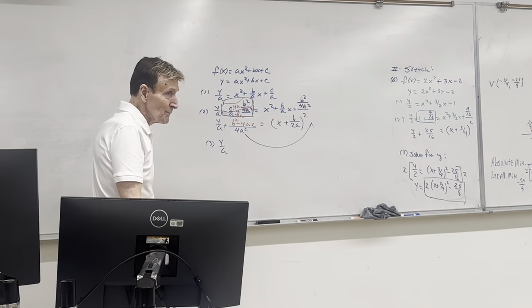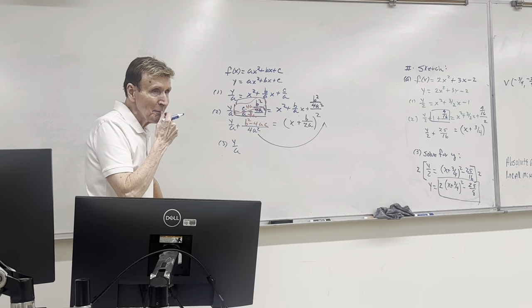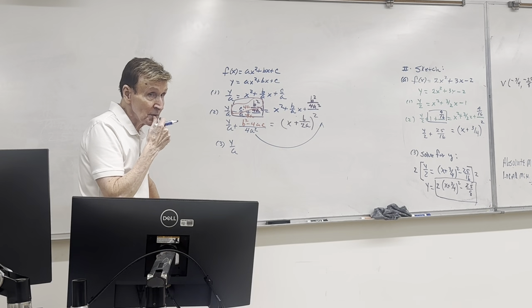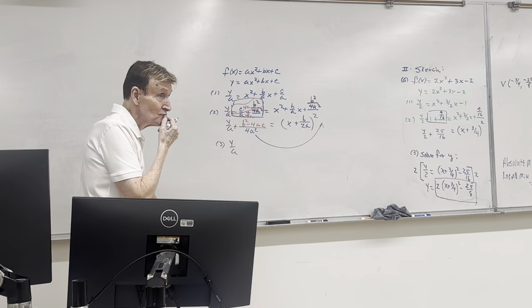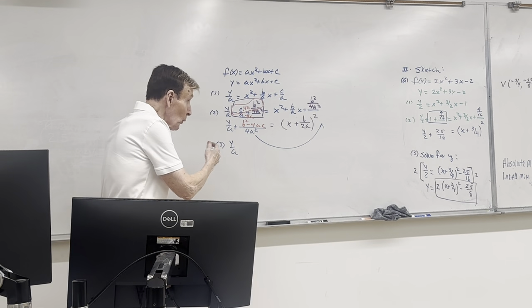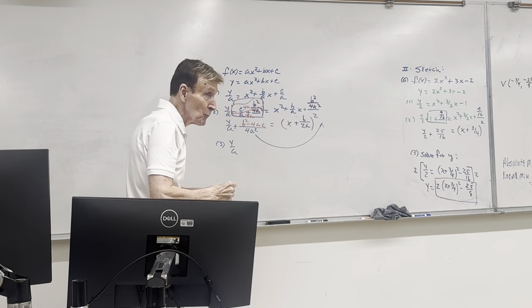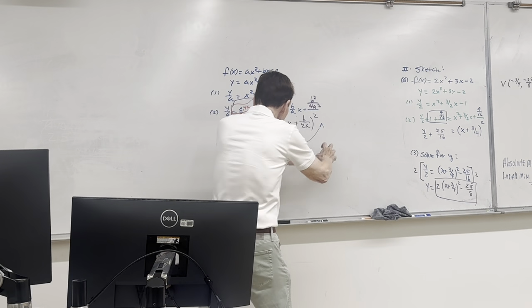Can anyone tell me, if you move this term right here over, what might it look like? Because I have to finally get the y by itself. What effect will it have in picking this up and bringing it over here? This term here.